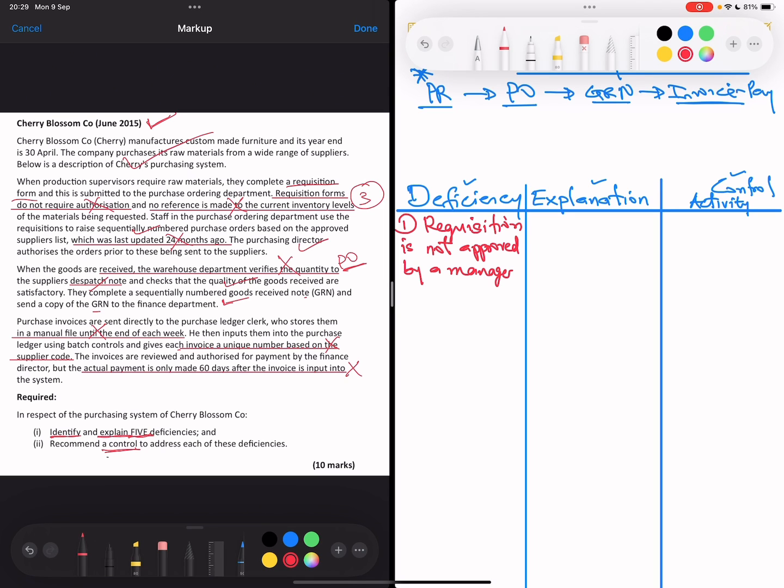Remember, the control you expect is that every requisition is approved by manager. So that your deficiency, the opposite is your control. So the control activity, before we even come to explanation, you can quickly write your control so you don't forget. The control is that the manager should review and approve all requisition.